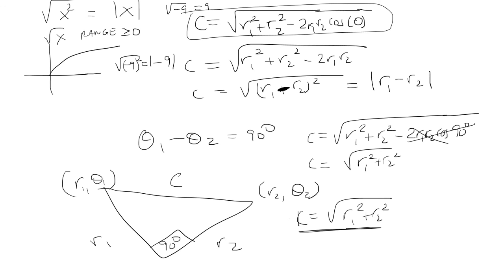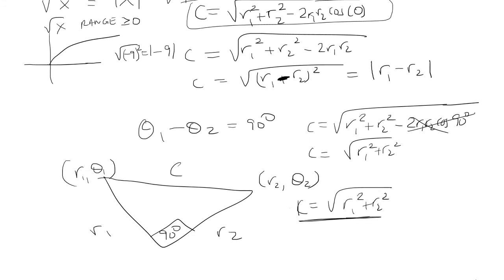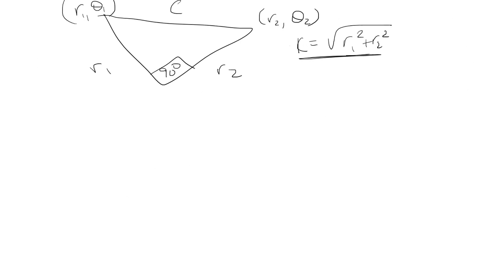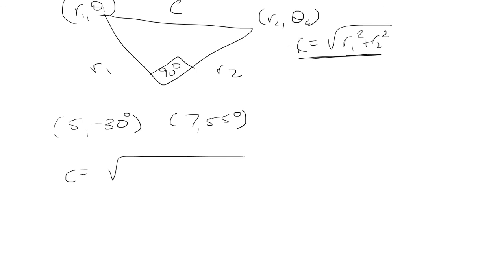Okay, for part D, we want to come up with 2 random points. I'm just going to pick 5, negative 30 degrees and 7, 55 degrees. We know C is the square root of r1 squared plus r2 squared minus 2 r1 r2 cosine of theta 1 minus theta 2.